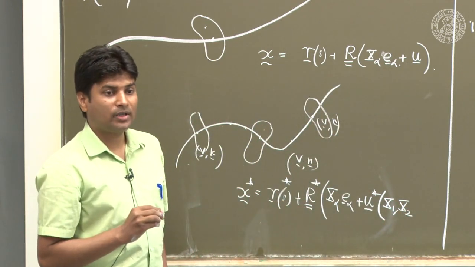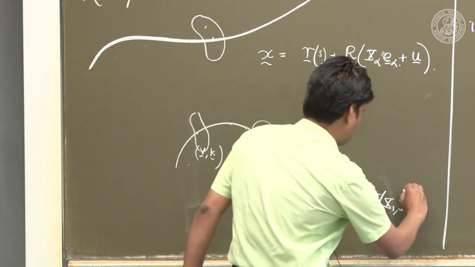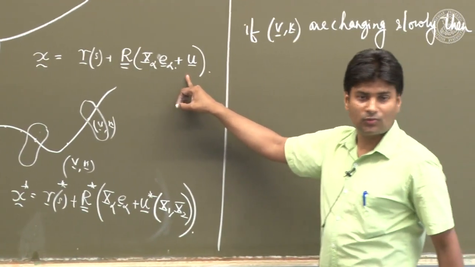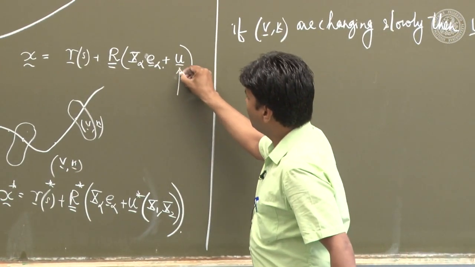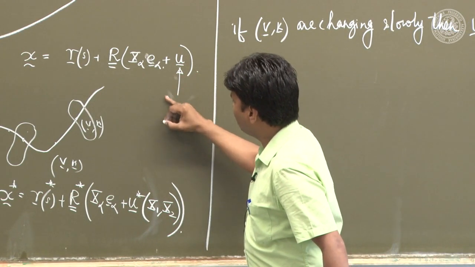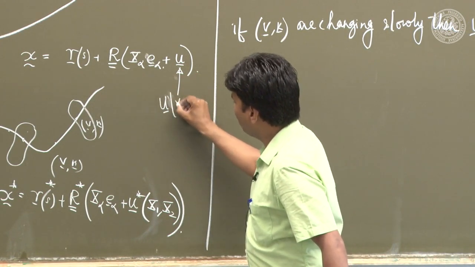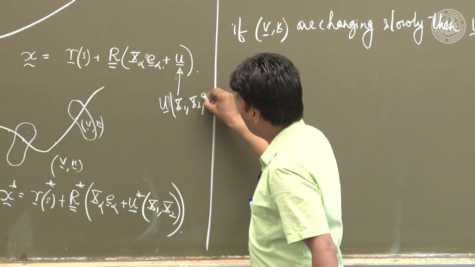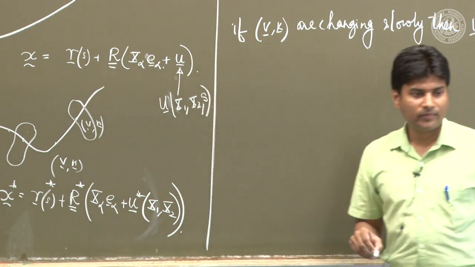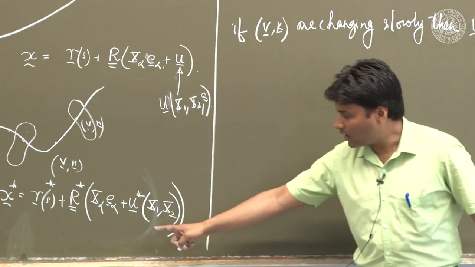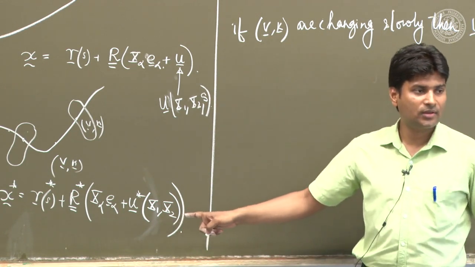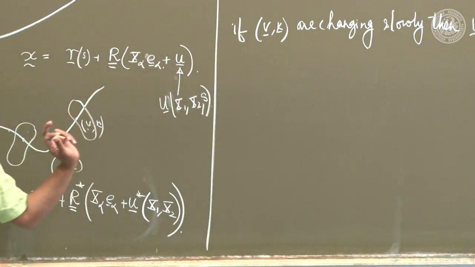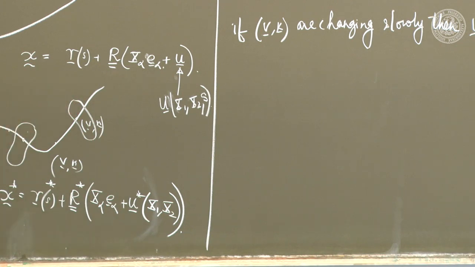It's not a function of big X3 or S. Whereas over here, this U is a function of big X1, big X2 as well as your S. But this U star is not a function of S, but still it is very close to U because V and K are changing slowly.